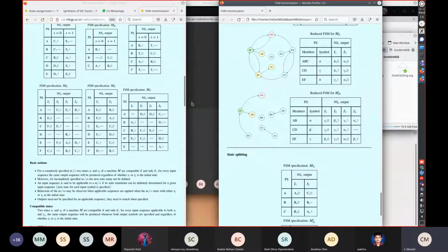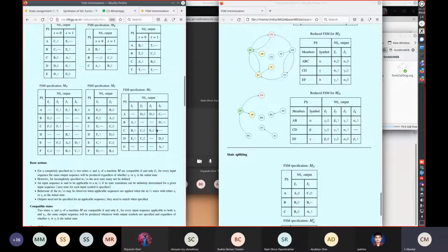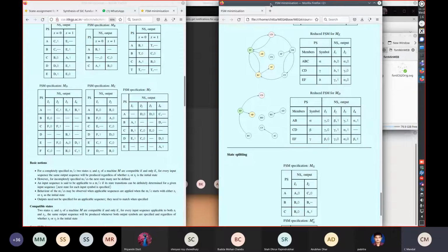Please carry out that exercise for MF, and you can similarly post your merger table in the chat box.